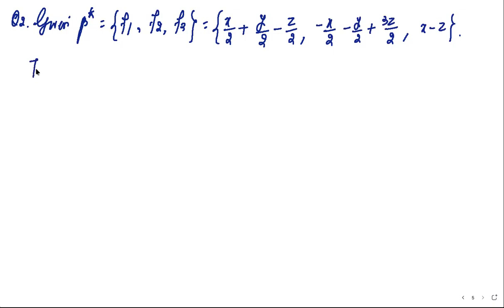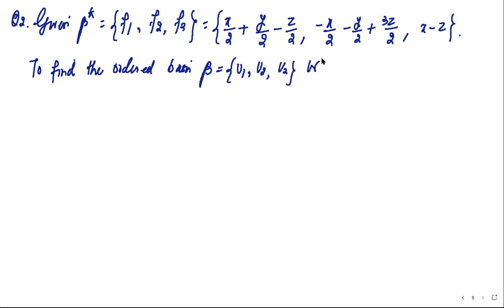Now our question is to find the ordered basis beta containing the vectors v1, v2, v3, whose dual is beta star. So we will start from this beta star and find out this beta.